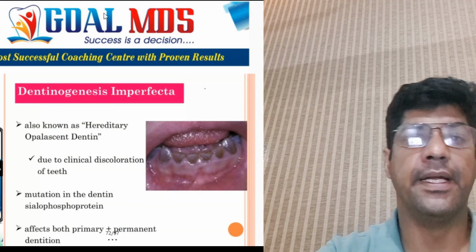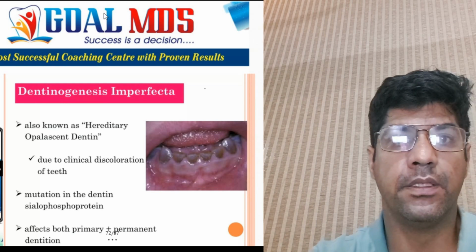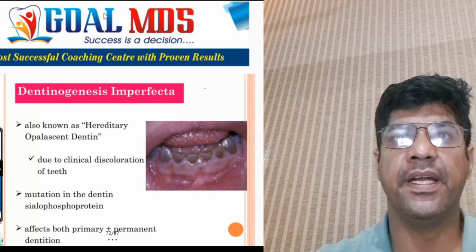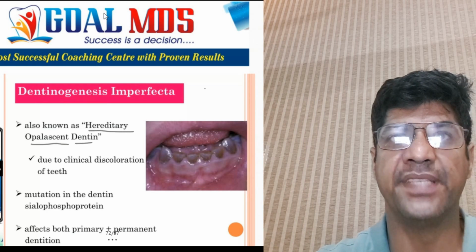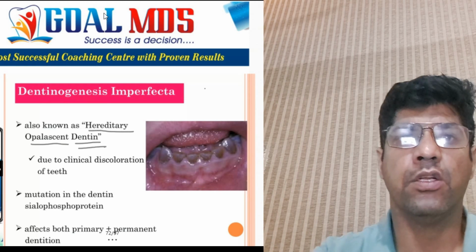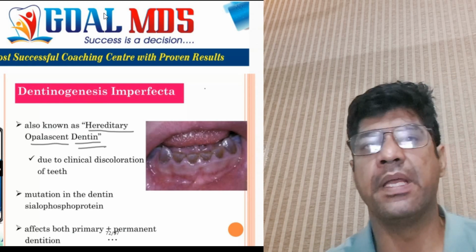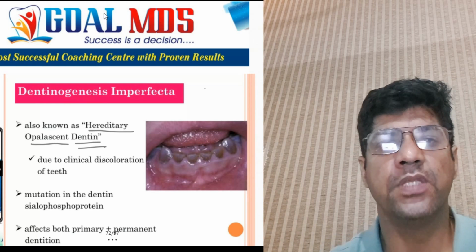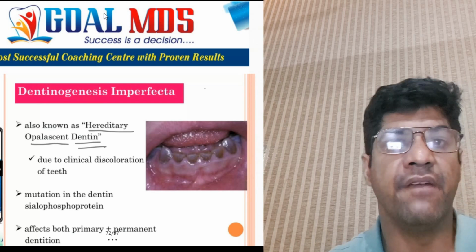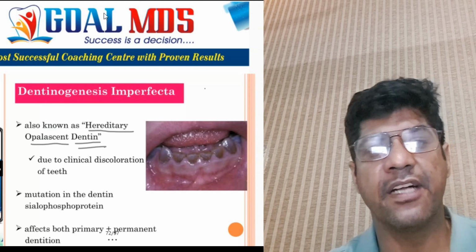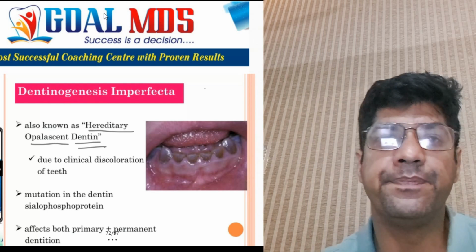The next is dentinogenesis imperfecta. What is the other name of dentinogenesis imperfecta? It is hereditary opalescent dentine. So what is dentinogenesis imperfecta? It is a genetic disorder that affects the development of teeth, especially the dentine.